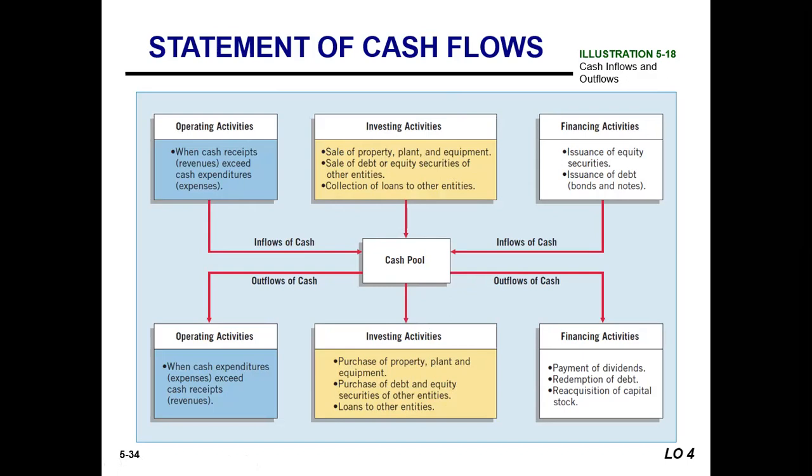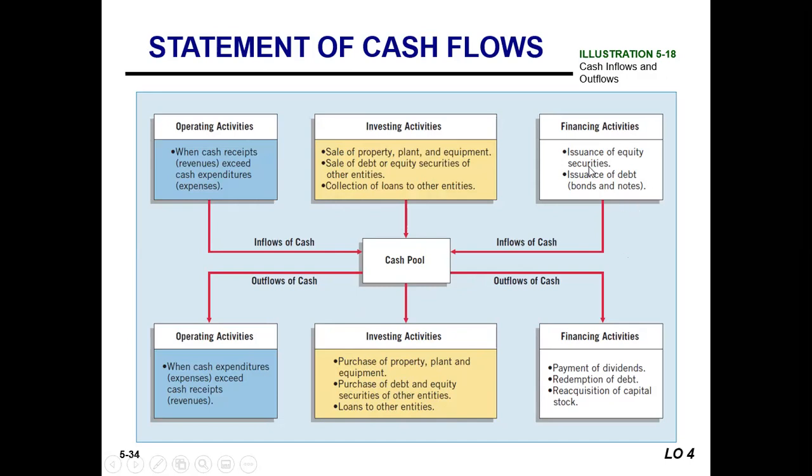Those would be inflows from investing activities. Outflows from investing activities: purchase of property, plant, equipment, purchase of debt or equity securities, loans to other entities. Those would be outflows.